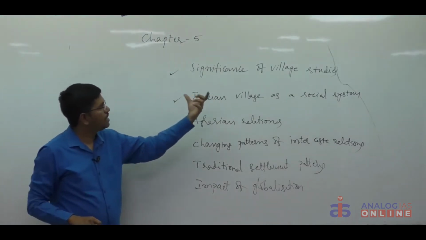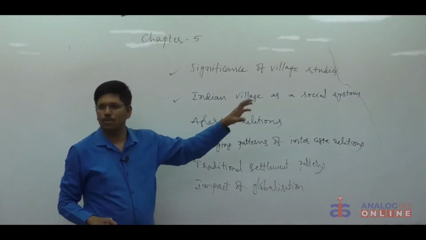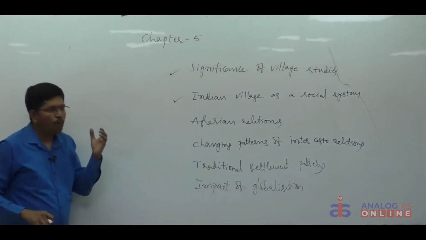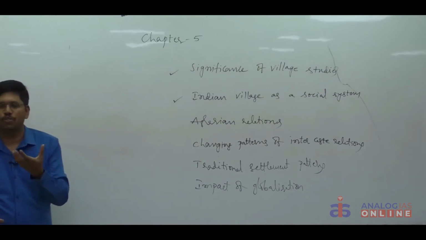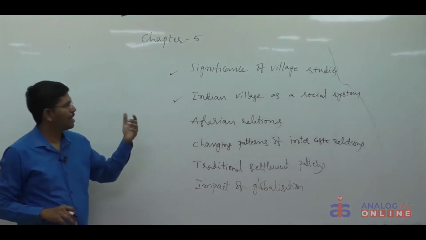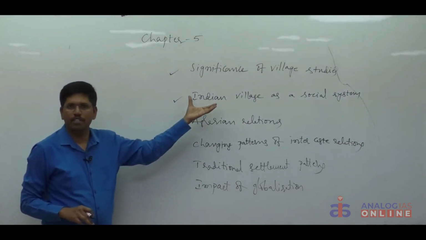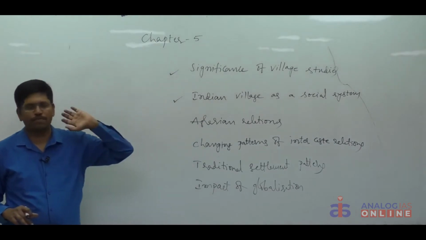Now, can we consider the Indian village as a social system? That is the meaning. Here you have to write what the characteristics of a society or social system are. Then you have to analyze whether those characteristics are present in Indian villages or not.